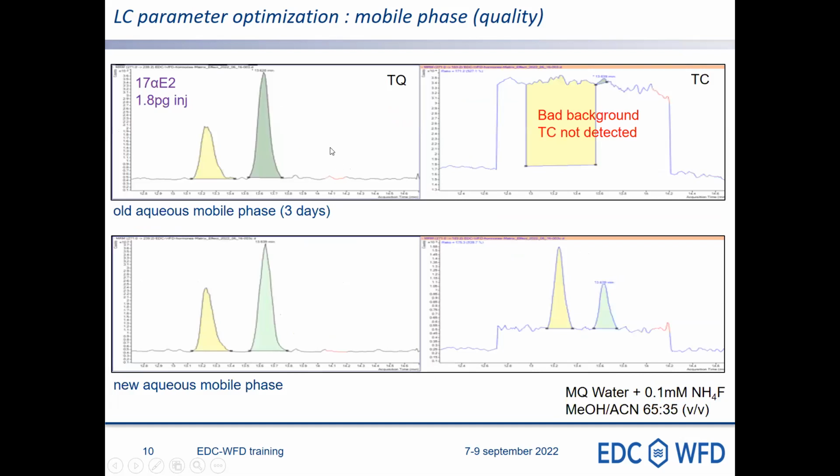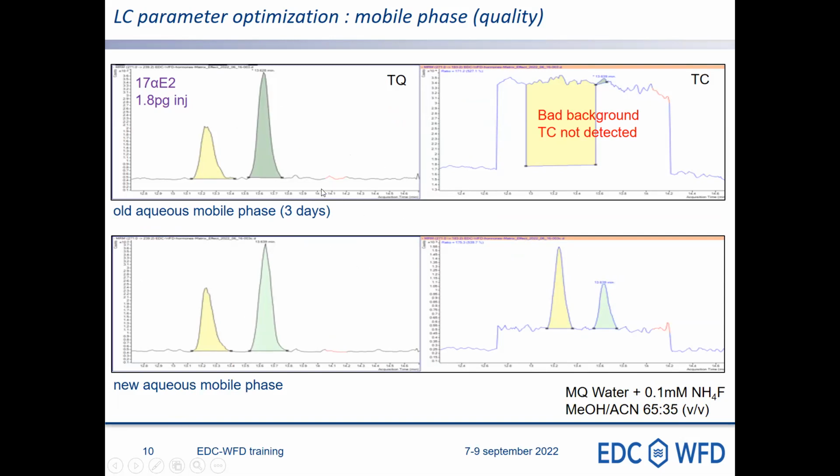Still the same issue about the importance of having high quality solvents to prepare your mobile phase. Here it is really impressive. An old mobile phase, 3 days old. Here a new one, and it is the same day, so you do not have drift within the instrument.